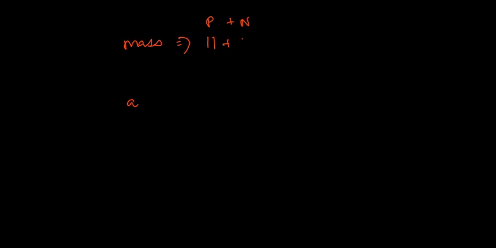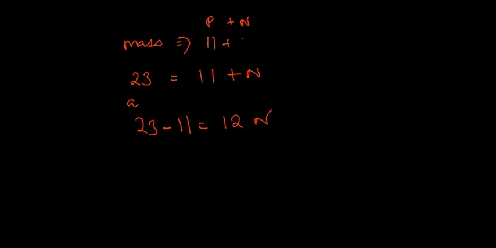So if the mass number is 23, it means there were 11 protons and how many neutrons? For us to find that, we say 23 minus 11, giving us 12 neutrons.